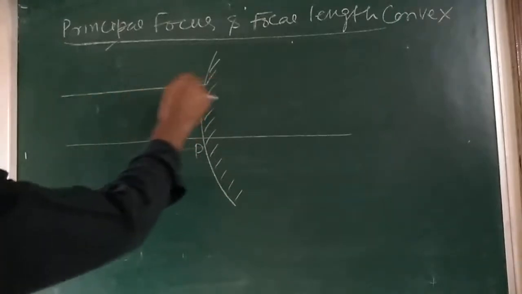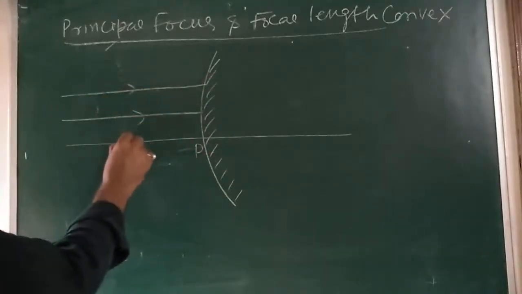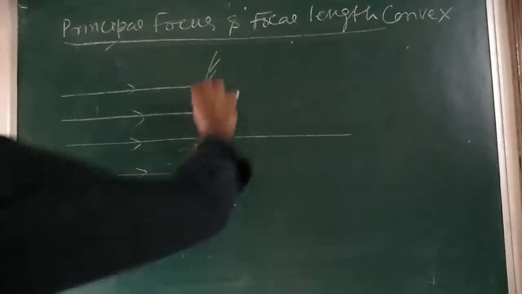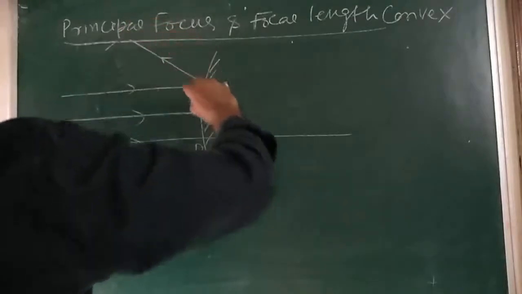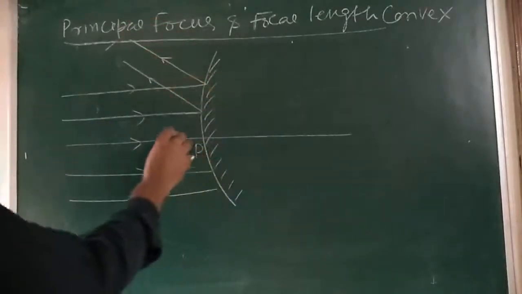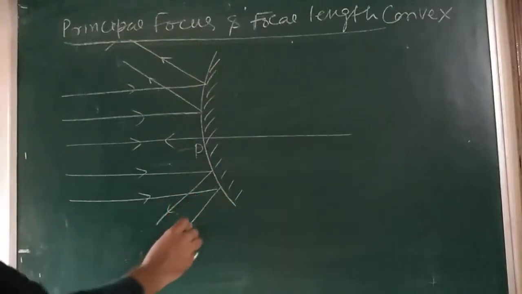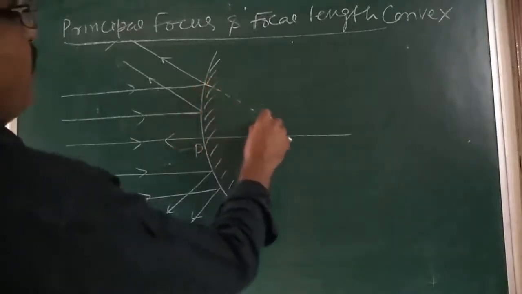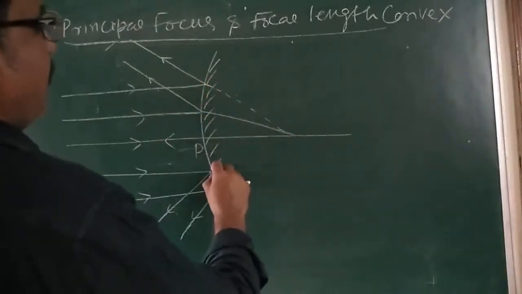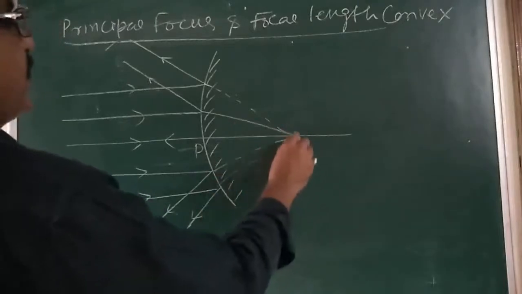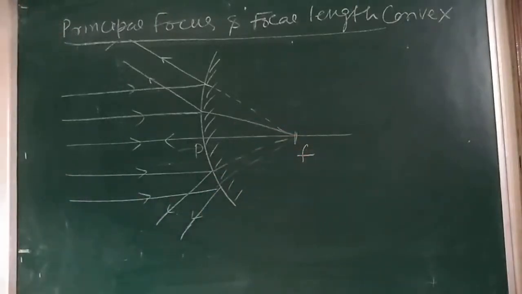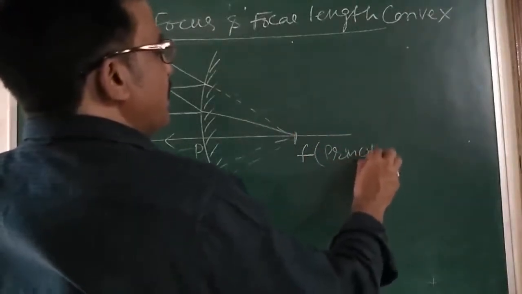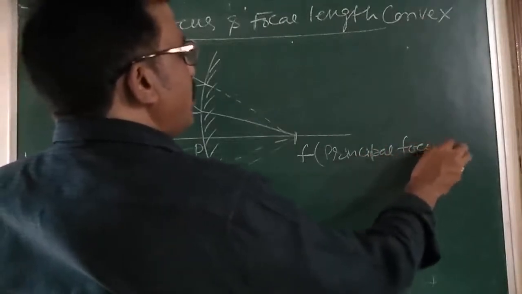A parallel beam of light is coming from infinity. These rays get deflected like this, then proceed backward. Here is a point F. It is called principal focus.